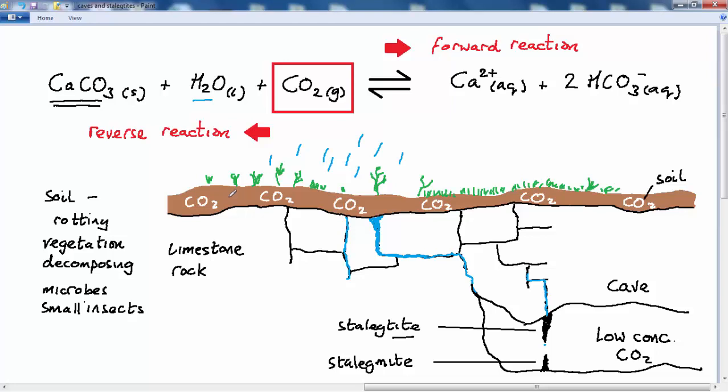Repeating again, whereas on the surface of the limestone rocks, near the surface of the limestone rocks, where the concentration of carbon dioxide is much higher due to the activity of organic material at the surface, the forward reaction is favoured, and that's where the chemical erosion takes place. So the forward reaction is the chemical erosion. The reverse reaction is the stalactite formation.